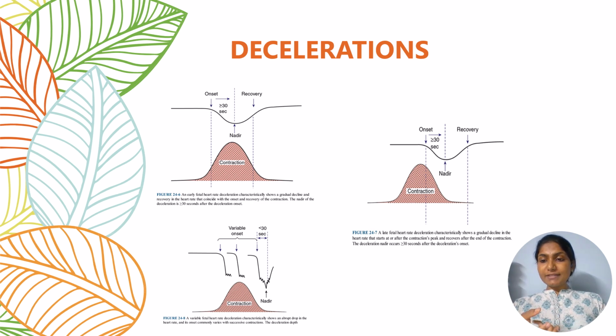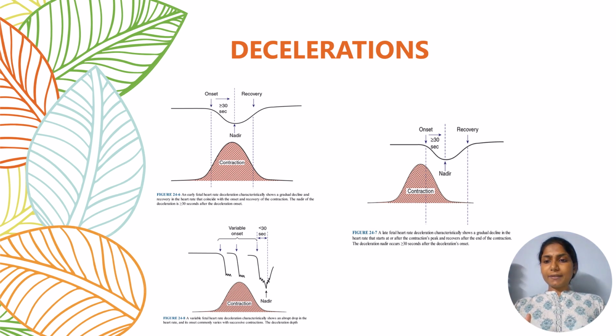The fetus cannot compensate by taking extra breaths. What will happen in adults? If we have any oxygen insufficiency, we increase our rate and depth of respiration and we breathe more, so the oxygen increases. But the fetus cannot do so because it is dependent on the mother for its oxygenation. So what will the fetus do? It will go into hypoxia.